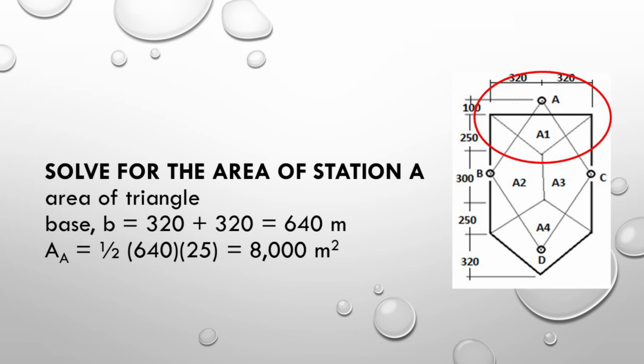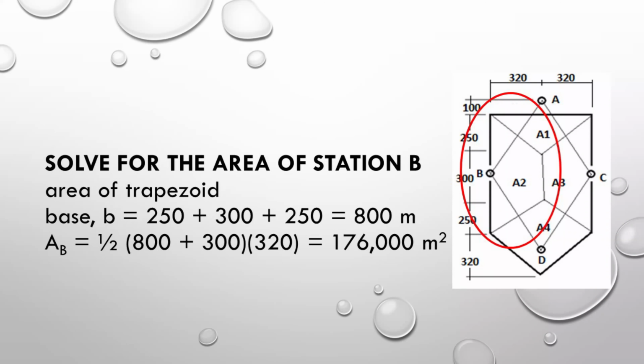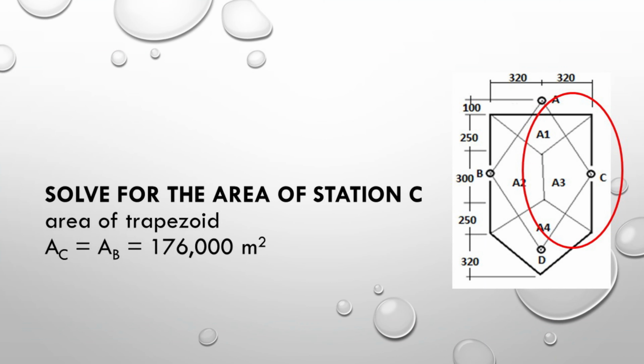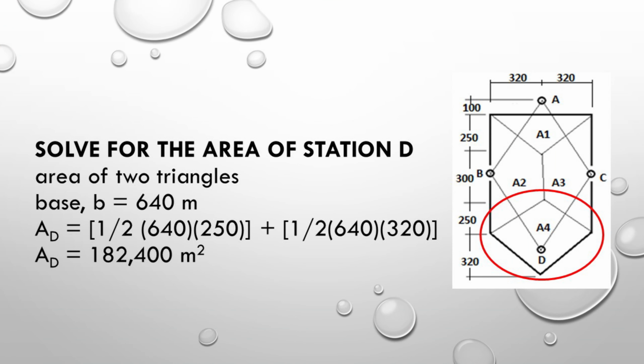First, solve for the area of station A. The area is a triangle. Then solve for the area of station B. The area is a trapezoid. Solve for the area of station C. The area is a trapezoid, same as the area of station B. And lastly, solve for the area of station D. That's the area of 2 triangles.